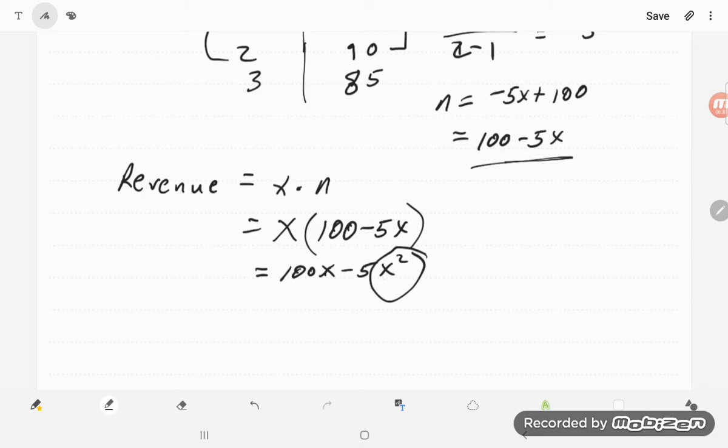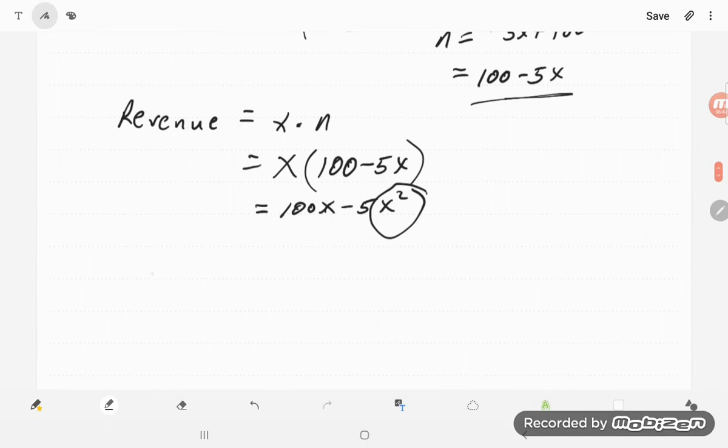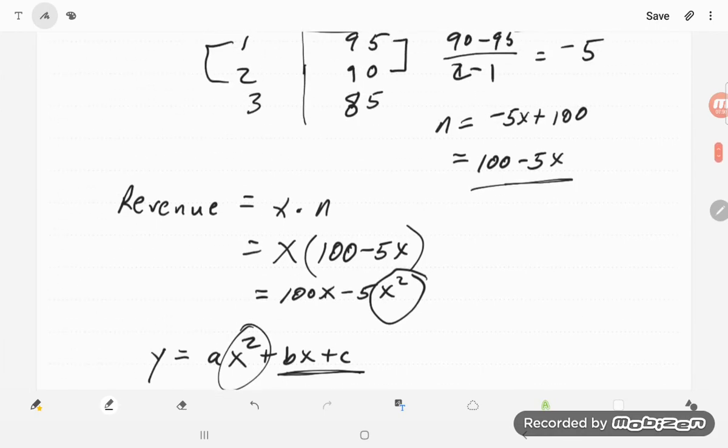Now, in particular, we could have y equal ax squared plus bx plus c. And so there's the quadratic part, but then we also have our familiar linear part added to it. But now let's look at this problem.